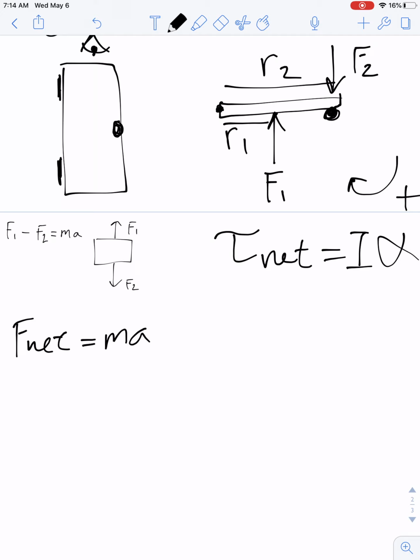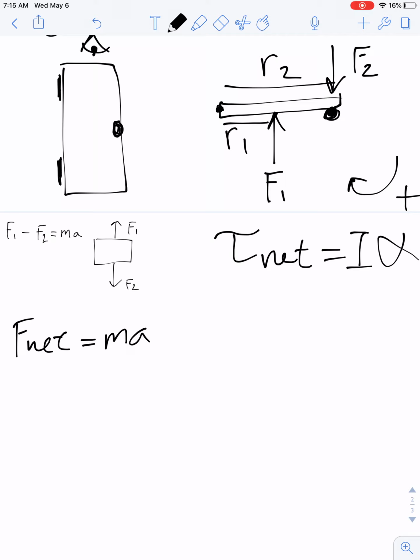So for the door, we're going to have these two torques to produce the net torque, and then the door has some inertia, that is, it has a mass and it has a distribution of mass, which we'll talk about, and it has therefore some sort of angular acceleration. So the way an object responds to a torque will depend upon its inertia.